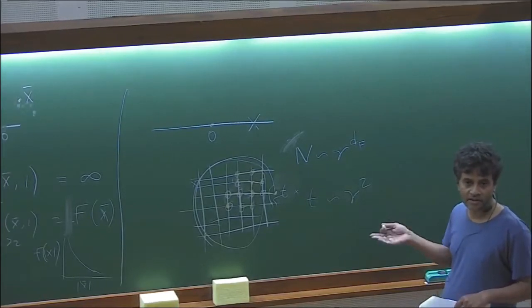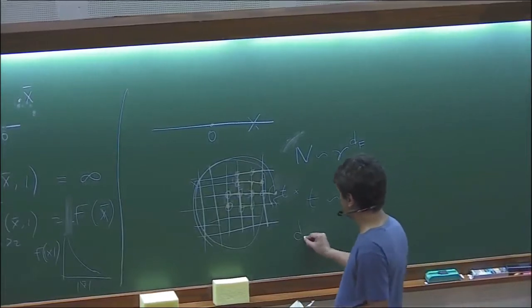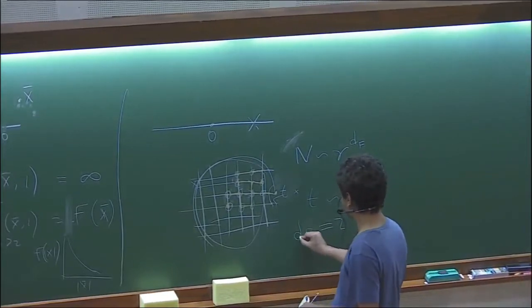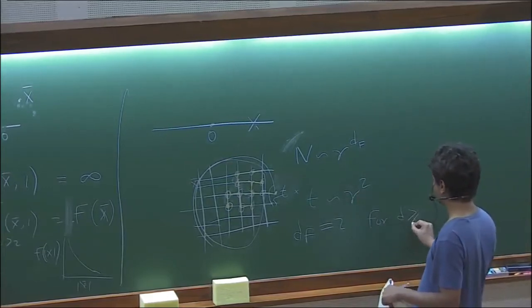And so the fractal dimension of the random walk is basically 2. So df is equal to 2 for d greater than or equal to 2.